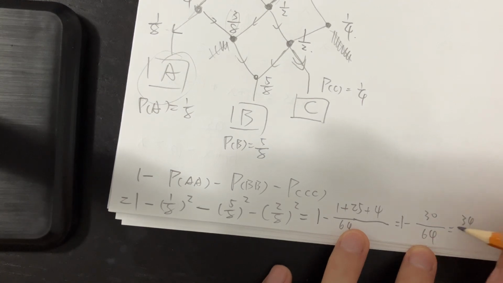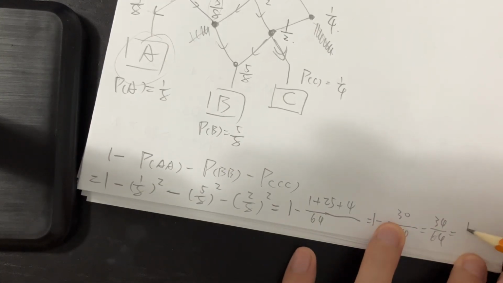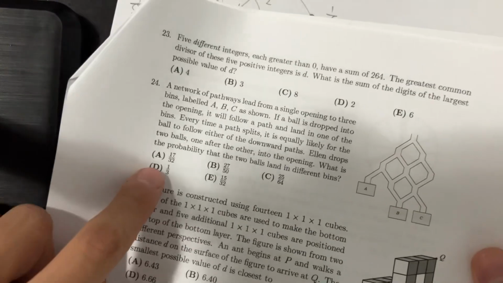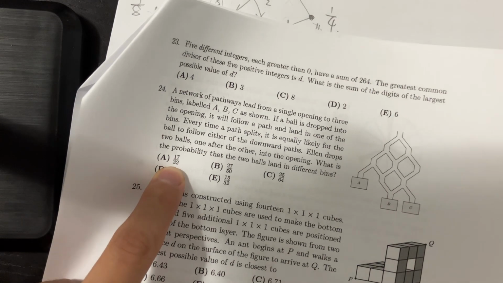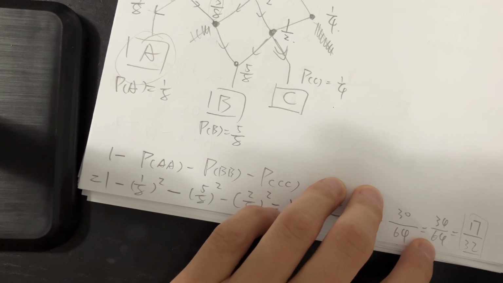That is 34/64. And of course, this one can be simplified to 17/32. And I think that would be the final answer. Let's see if we have this option, 17 over 32. Come on. Yes, we've got this one. A, 17 over 32, which is reduced from 34 over 64.